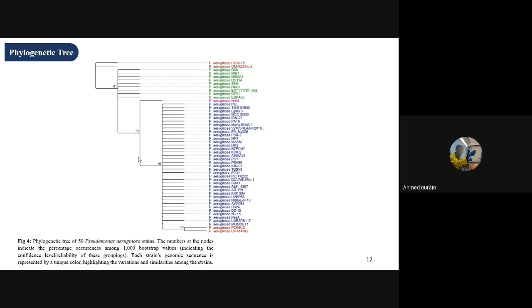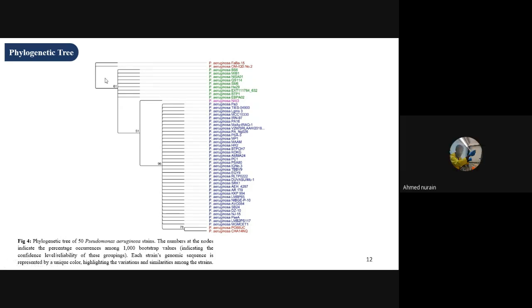And here, this is the phylogenetic tree of 50 Pseudomonas aeruginosa strains. The tree is actually divided into several major branches with notable clusters of strains indicating close evolutionary relationship. So we actually have two primary branches here, which is the first two here, and the larger grouping of strains, making it two primary branches from the original.